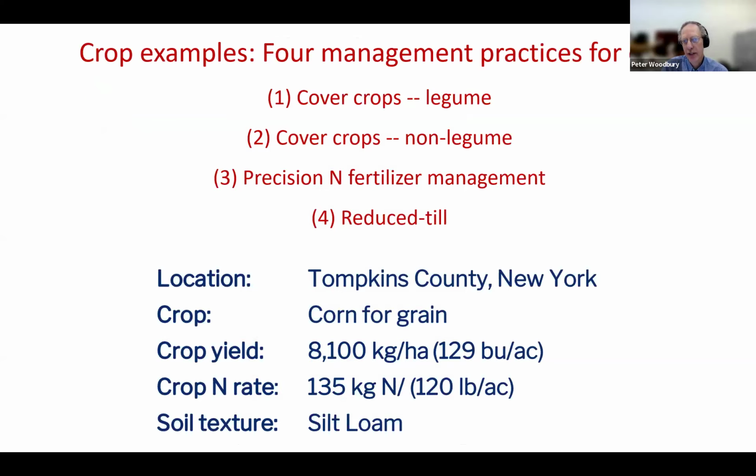So the 4 practices are a legume cover crop, a non-legume cover crop, precision nitrogen fertilizer management, and reduced tillage. And all of these different examples are for the same location, the same crop yield, and the same nitrogen rate, that is before the practice was implemented, and also on the same soil type.